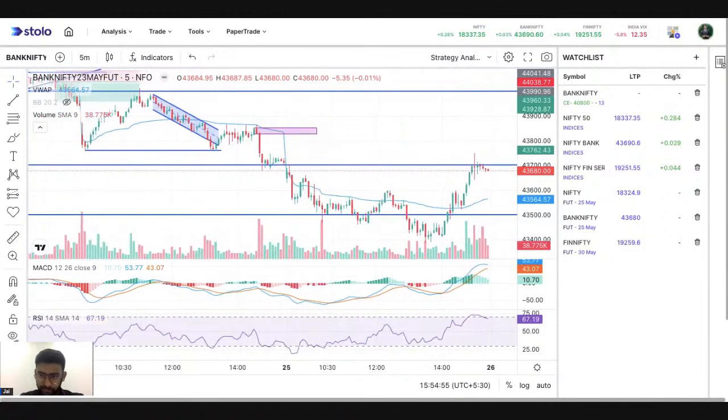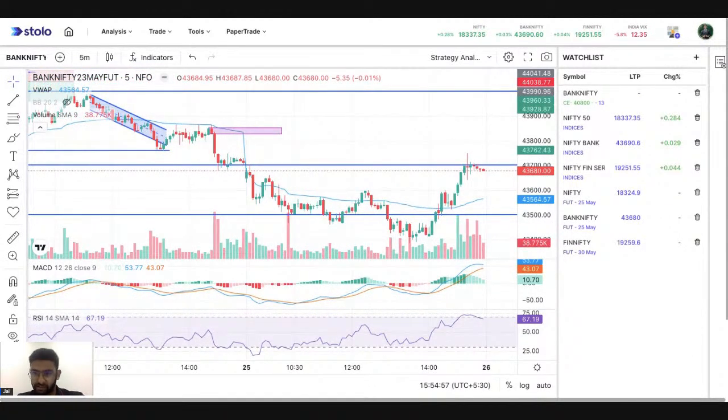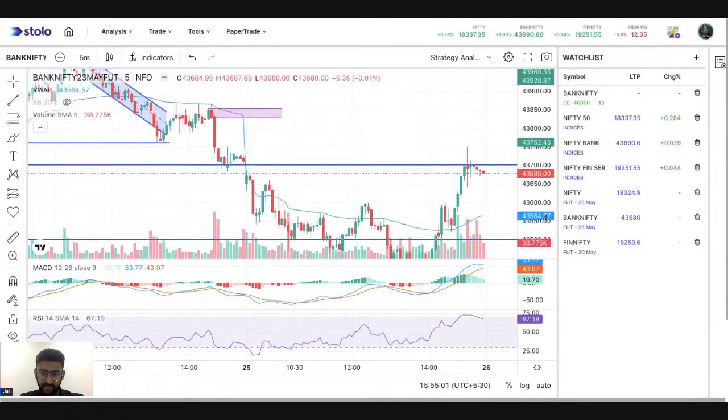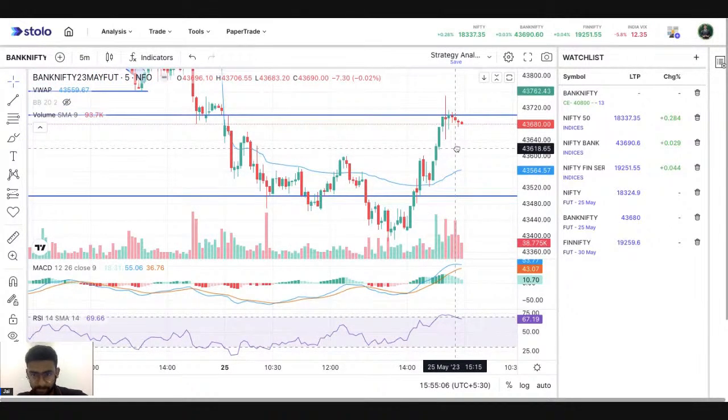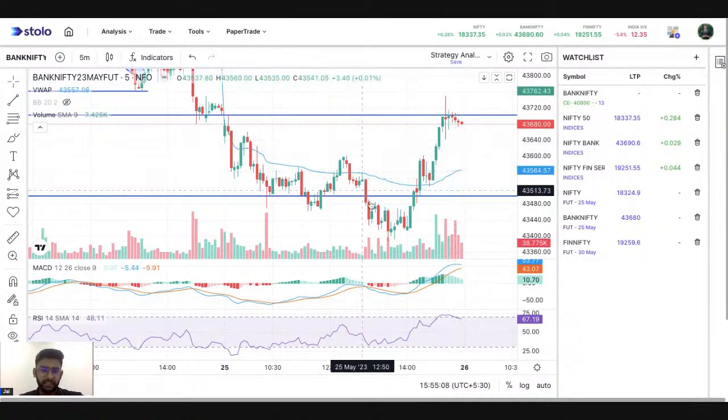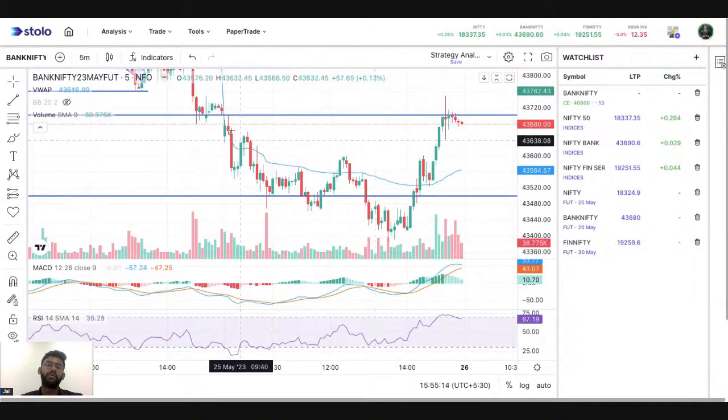Looking at it here, Bank Nifty is at around 43,680, with 43,700 being a good resistance range, and 43,500 another range which we saw as a support. Similar to Nifty, we did expect it to go very low.